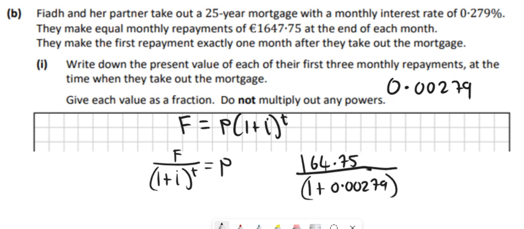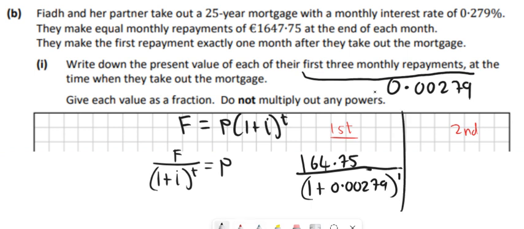So the time, then, we need to do it for the first 3 monthly repayments. The first repayment would just be all of that to the power of 1. So that's the first one. So I'm going to get the second one and the third one here then. The second one would just be the same thing, but the power becomes a 2. So 164.75 over 1 plus 0.00279 to the power of 2.